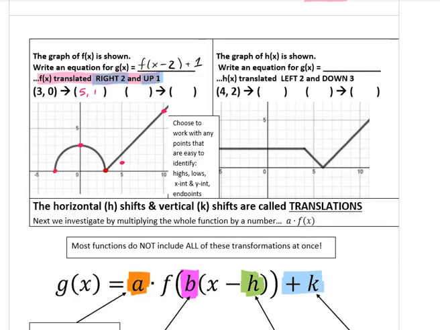So any point works. I'm going to go with 0, 3. And if I go to the right 2 and up 1, my new point is 2, 4. And to finish off this whole graph, if I go from here up 1, 2, up 1, that makes my new graph look something like this.